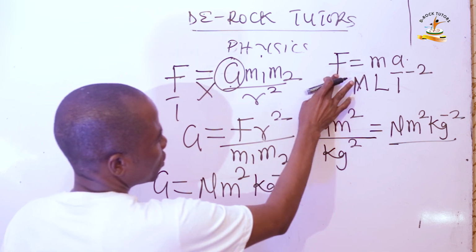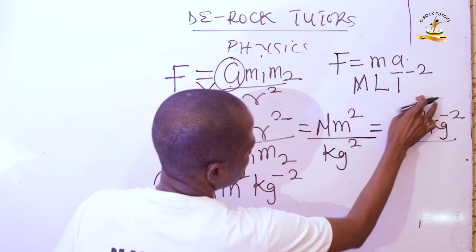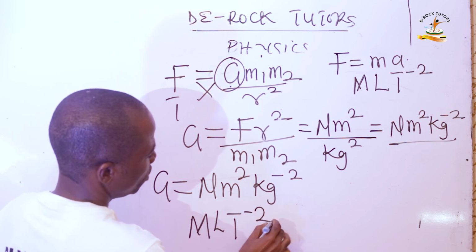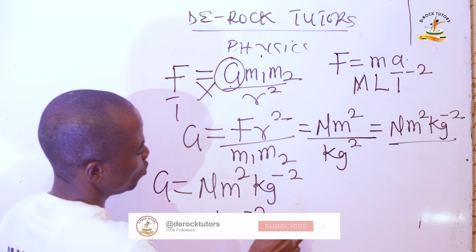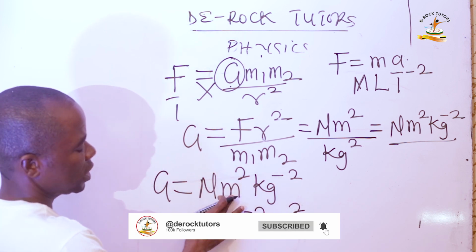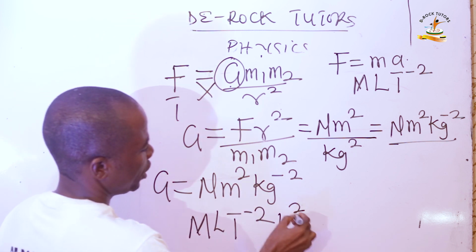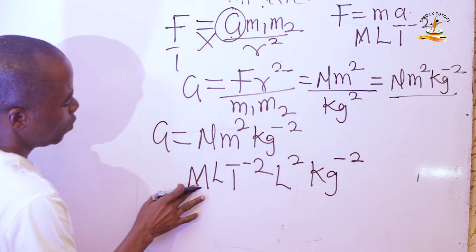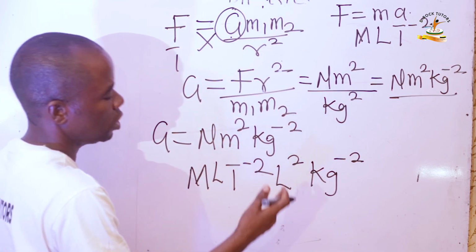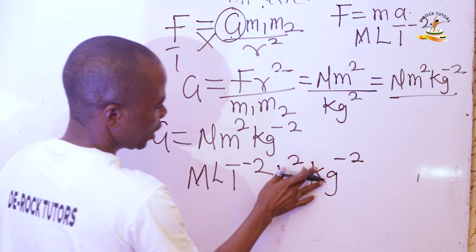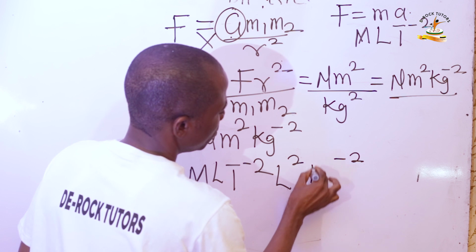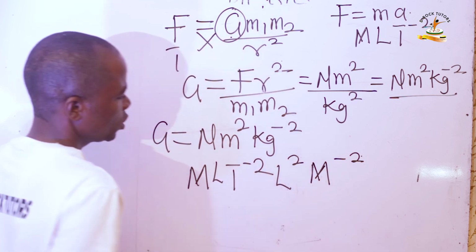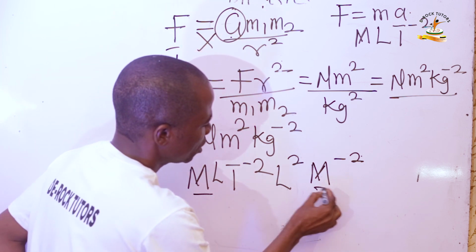So the dimension of force is M LT raised to the power minus 2. Then for meter squared, that's going to be L raised to the power 2, because meter is talking about length. Then kilogram raised to the power minus 2. Don't forget, what does this particular M represent? It represents the kilogram as well. So this kilogram can be written as M raised to the power minus 2. That's why we are changing the kilogram to the mass. So if you look at this, this is M, this is M.